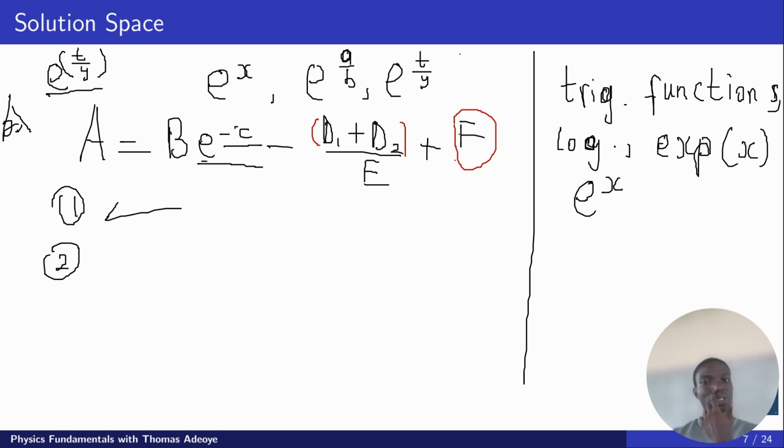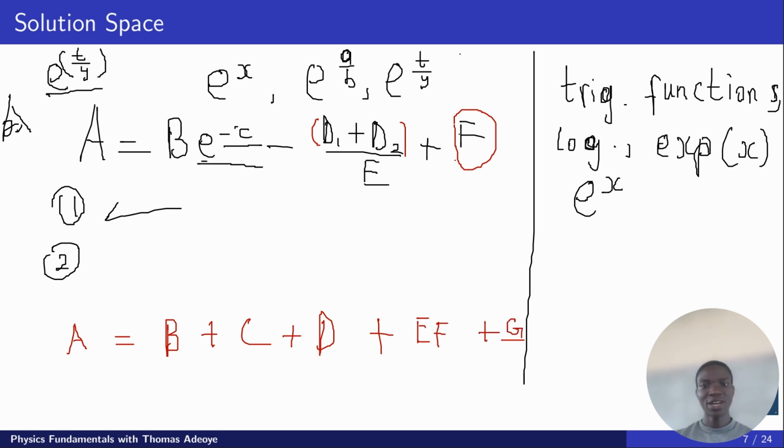I'll tell you why. The reason is that, according to the principle of homogeneity of dimension, if you have an equation A equals B plus C plus D, suppose this is your equation, and let me add one more, plus EF, and let's say plus G over H. You can see that there are several terms here and they are added together, like B plus C, C plus D, D plus EF, EF plus G over H. So each term of this equation must have the same dimensions.